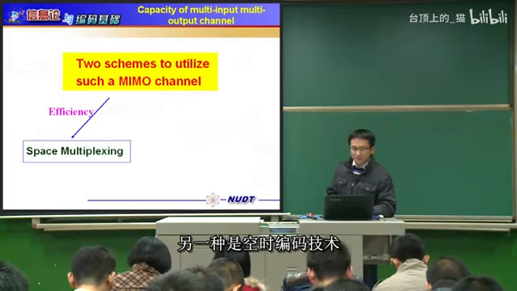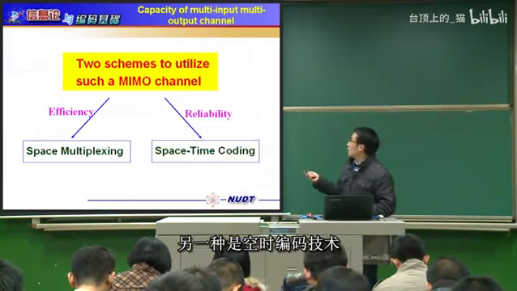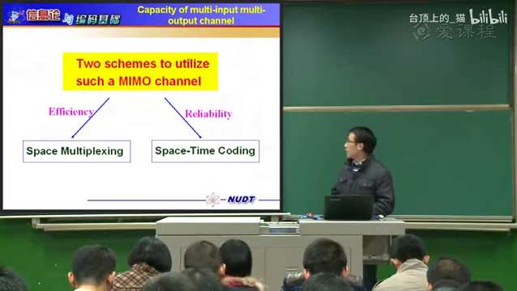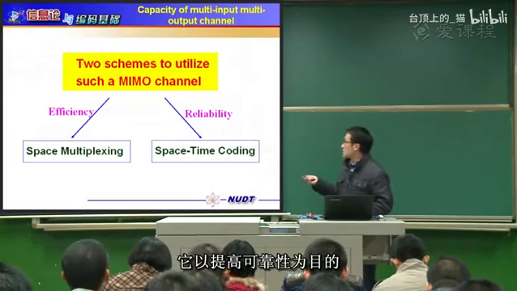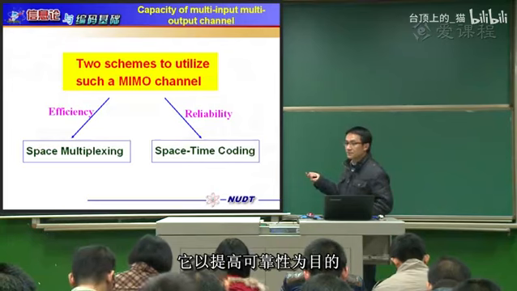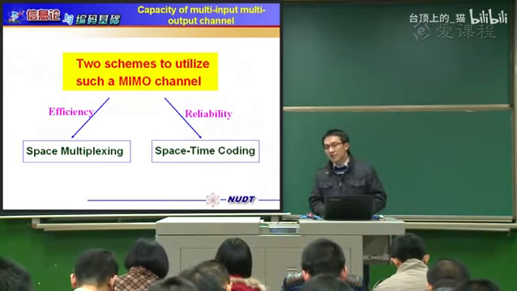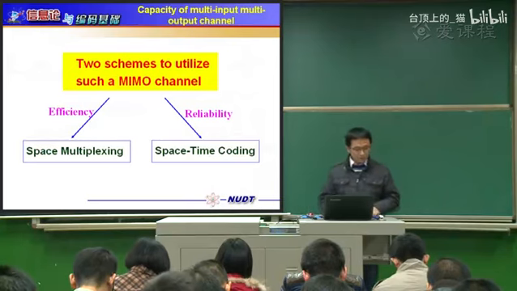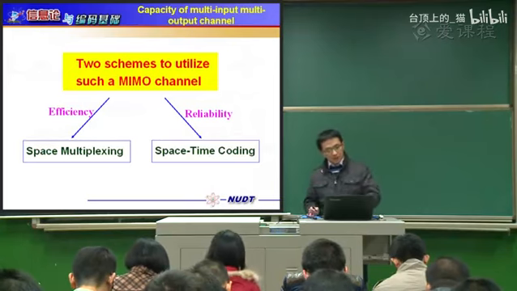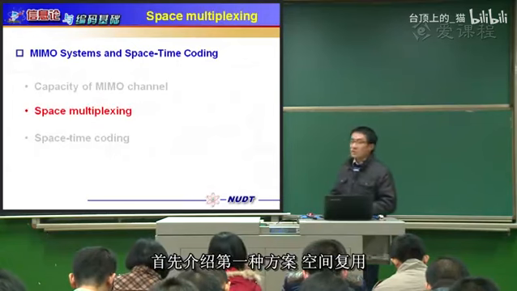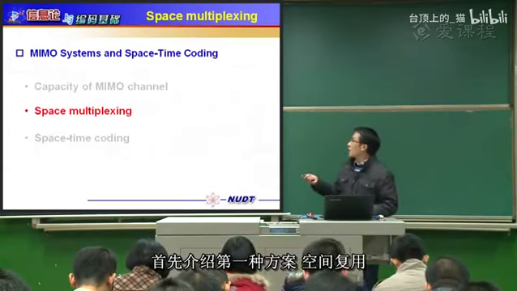And besides, in order to improve the reliability, people proposed space-time coding for the MIMO system, which is another scheme. First, let's introduce the first scheme, space multiplexing.